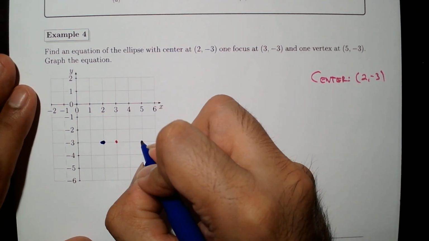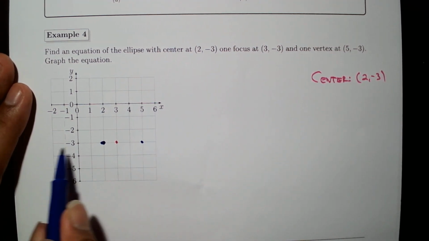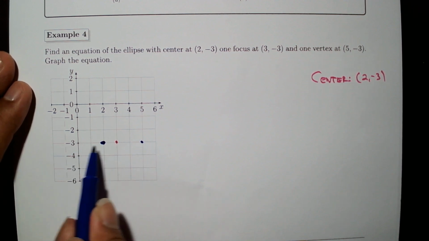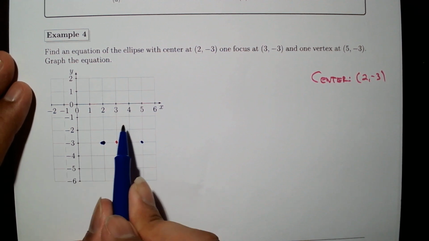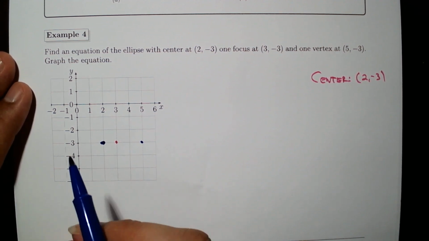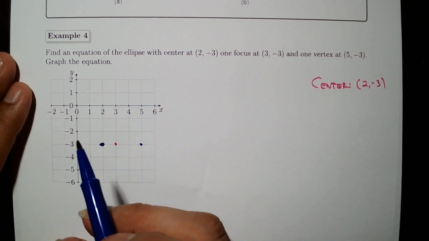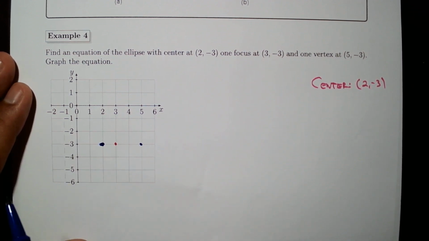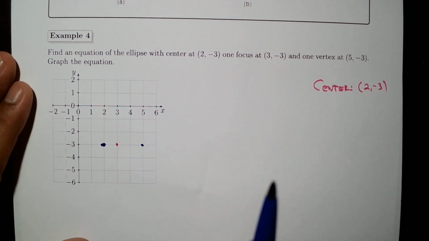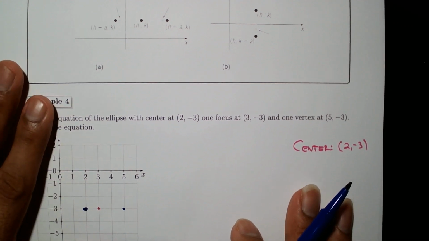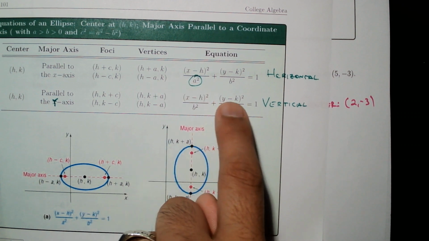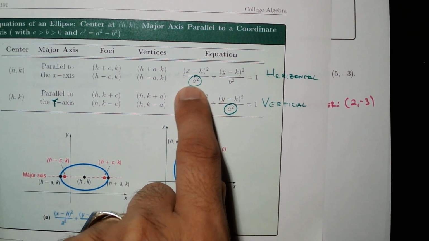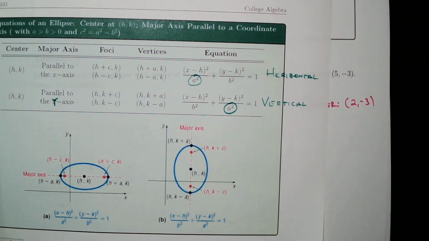By looking at these points, notice they are all passing through this imaginary horizontal line that I'm tracing. That means this is going to be an ellipse whose major axis is parallel to the x-axis. In other words, we're going to have a horizontal ellipse, which will be of this form, the one that has the largest denominator being that of the variable x.